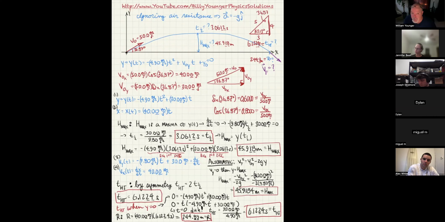And then you have 3.0612 seconds from the time it has 0 velocity in the y direction till the time it has whatever the final velocity in the y direction is. So can anybody guess what that final velocity in the y direction would be?